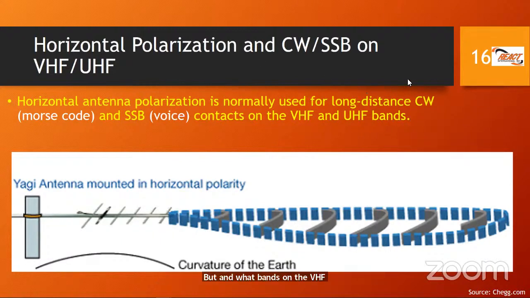So this is an exam question, and this is also true. For those very long distance CW and voice or SSB contacts, you'll see hams turn the antennas horizontally. You'll see many times hams use vertical polarization as well. But just note this for the exam. It's an exam question.